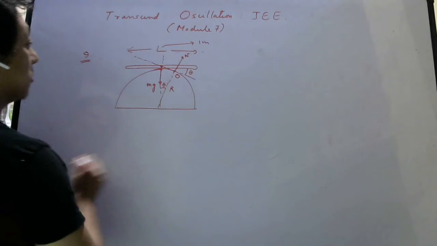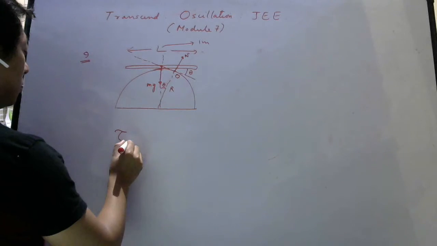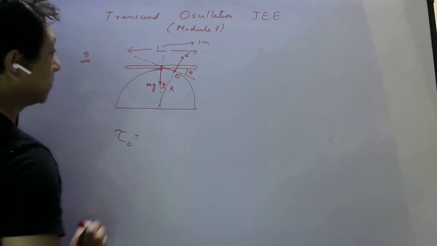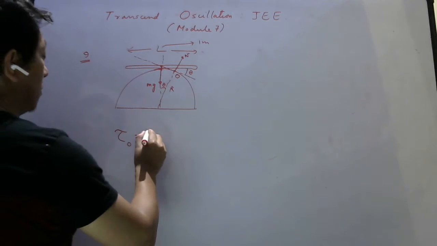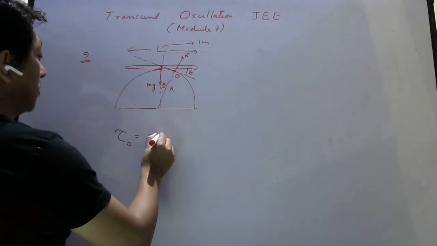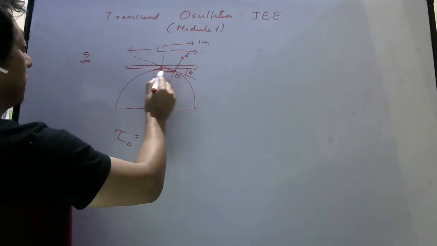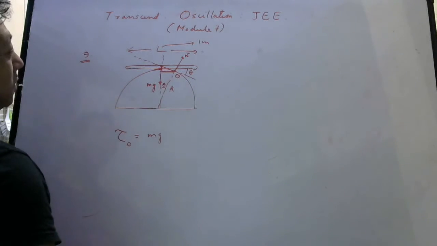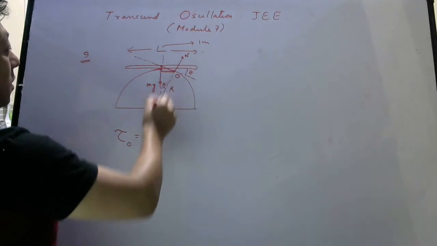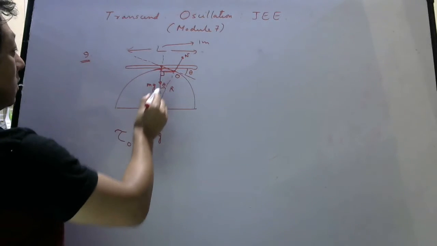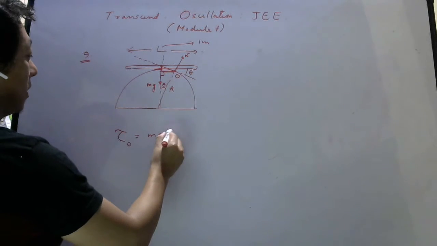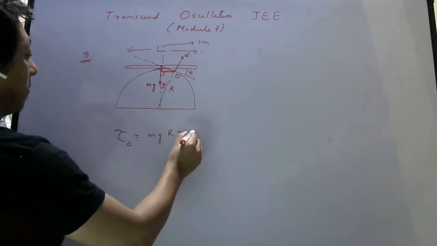Let's call that point O. So torque about O will be equal to mg into r perpendicular. Now for mg, this is your r perpendicular. So what will be that? This is your r, this is 90 degrees, this is theta, so r perpendicular will be r sine theta.